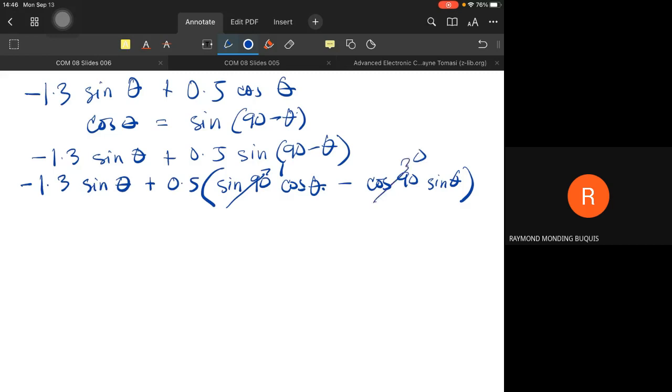So, ang nabili na lang is negative 1.3 sin theta plus 0.5. Balik na sa original. Cosine theta. Sum of sine and cosine identity daw.